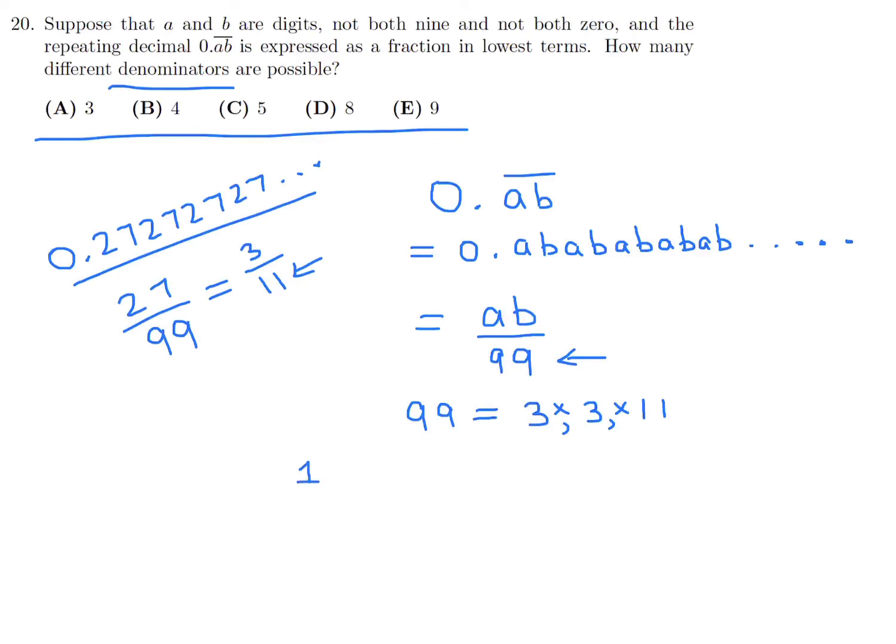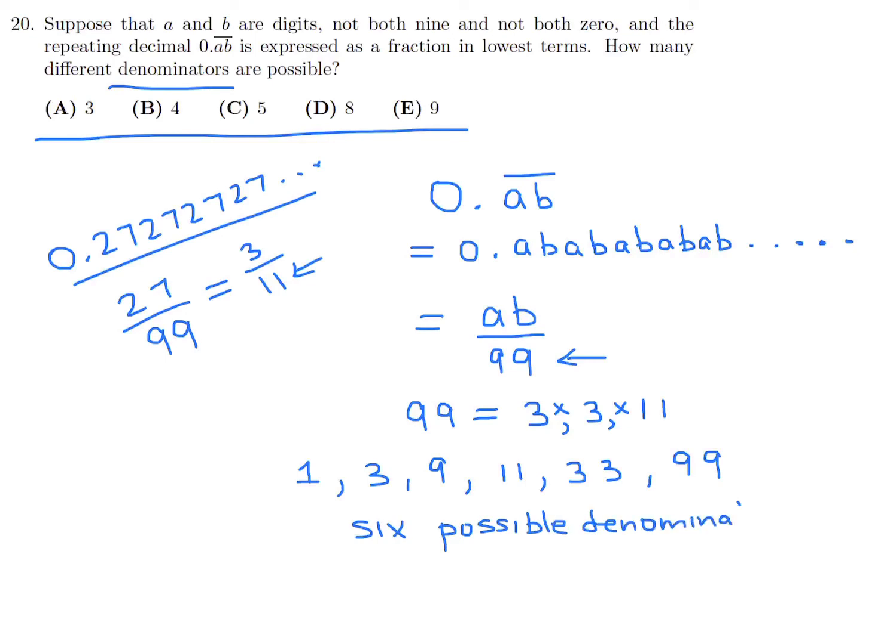Well, we've got 1 as always, 3, 9, which is 3 times 3, 11, 3 times 11, and the full number. These are the factors. So these are the possible denominators, 6 possible denominators. And one of them I gave you as an example, 11, it's right there.